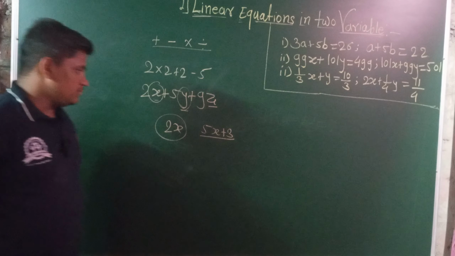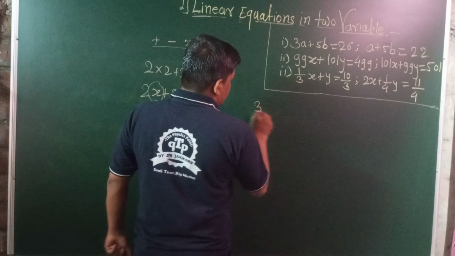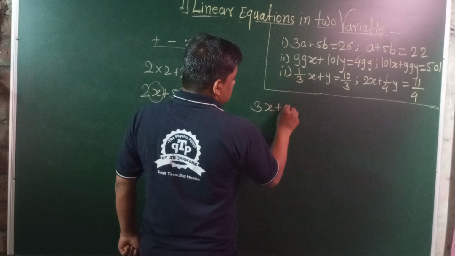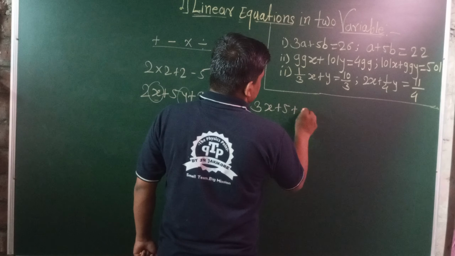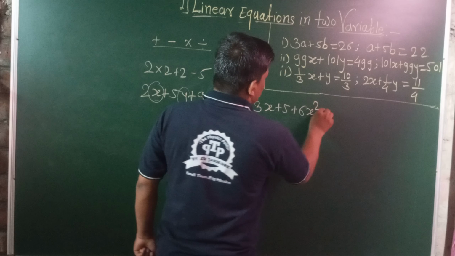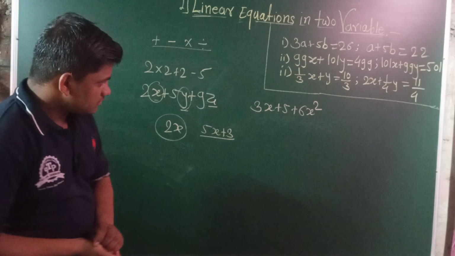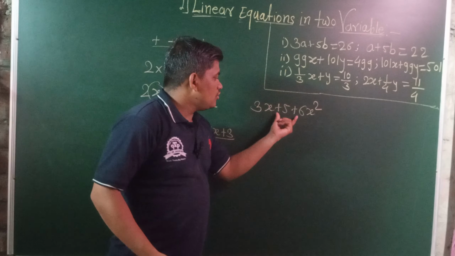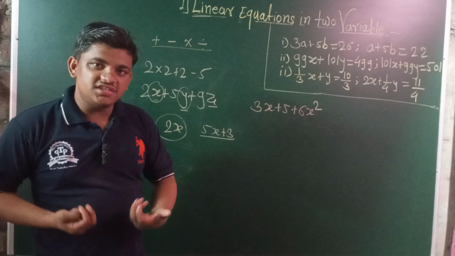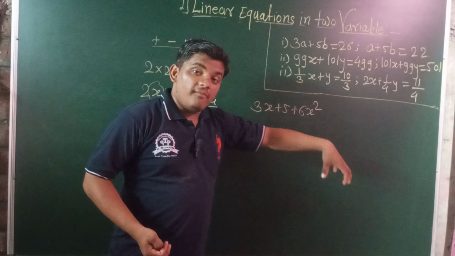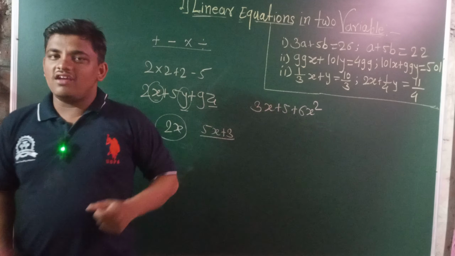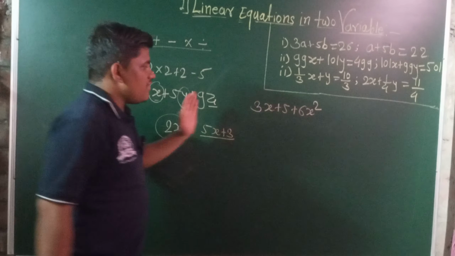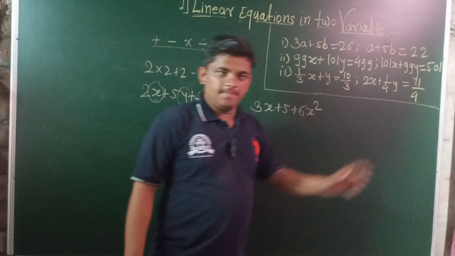Bi means 2. And trinomial: 3x plus 5 plus 6x square. These are equations which have 1, 2 and 3 terms. That means two different mathematical additions are included in that equation. These equations are known as trinomials, having three different terms.